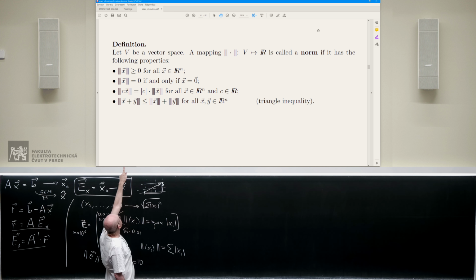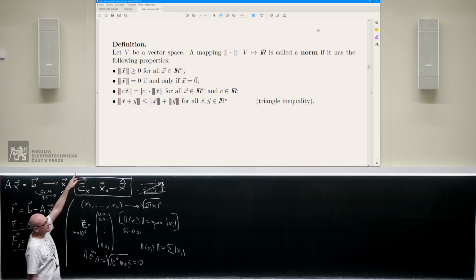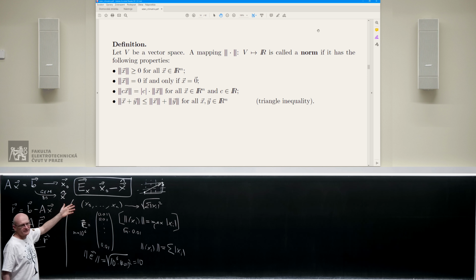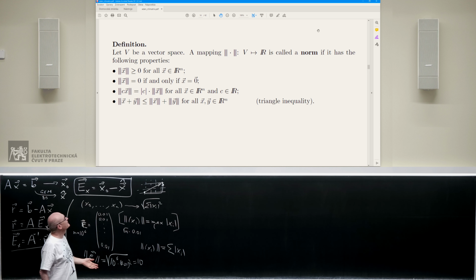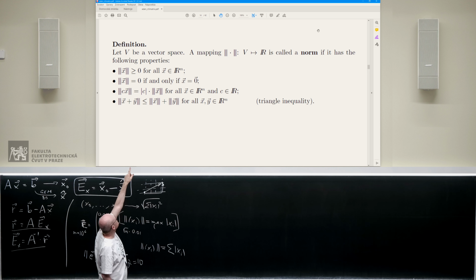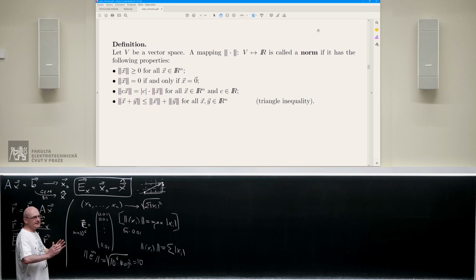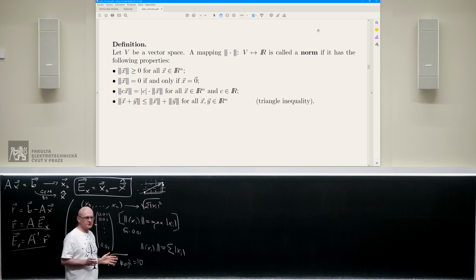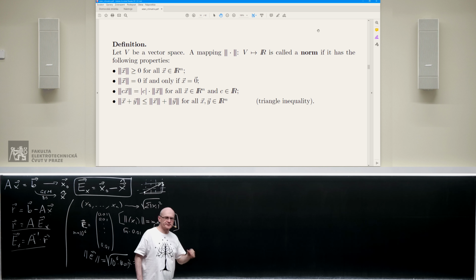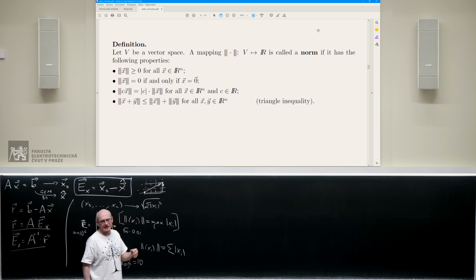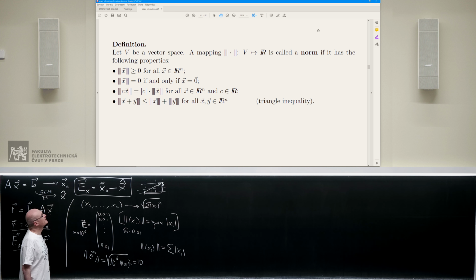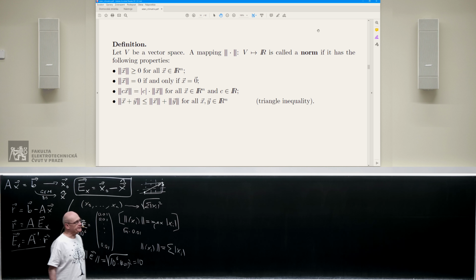The third assumption says that if you take an object, a vector, and scale it, let's say you enlarge it twice, then also the magnitude of this object should be enlarged twice, or 3 times, 4 times. Simply, the notion of magnitude which you are considering should work reasonably well with respect to scaling of objects. So again, that's a very natural requirement.